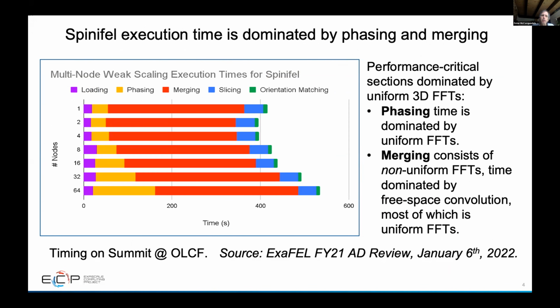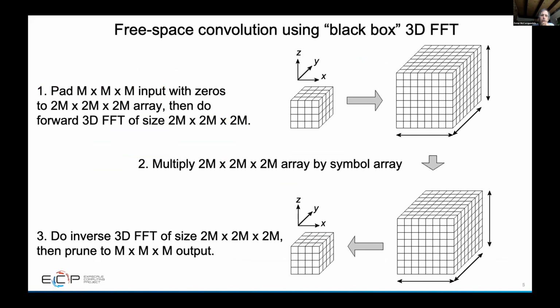The biggest part of merging consists of non-uniform FFTs, and in those the time is dominated by the free space convolution that I showed in the previous slide. Most of that is in uniform FFTs.